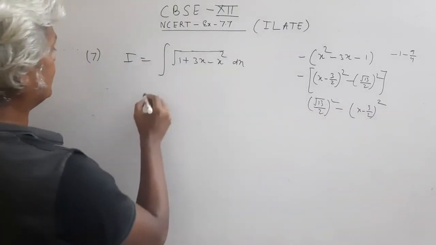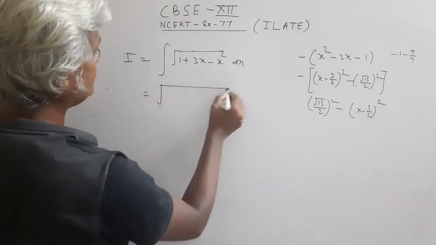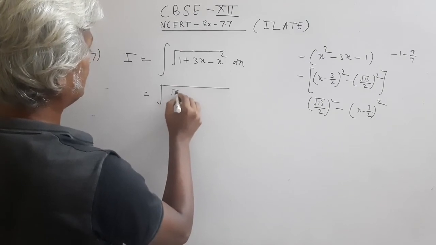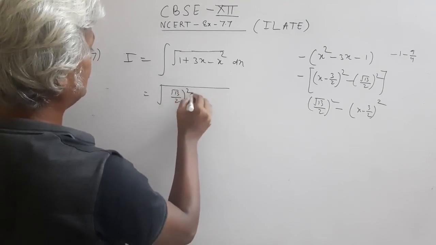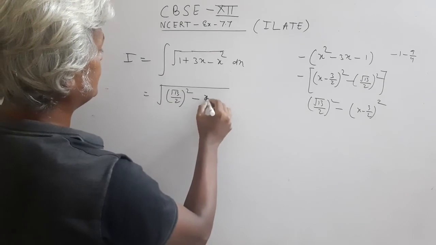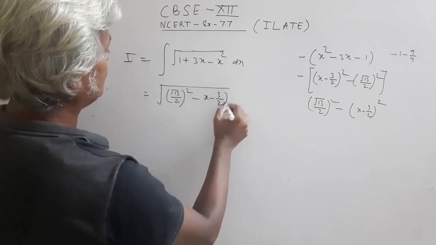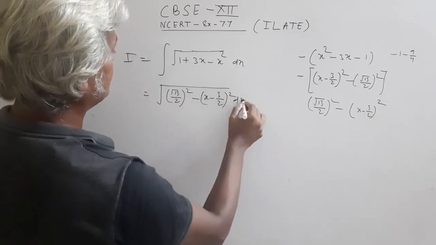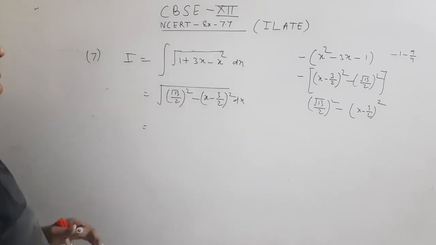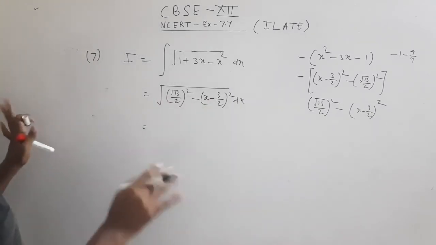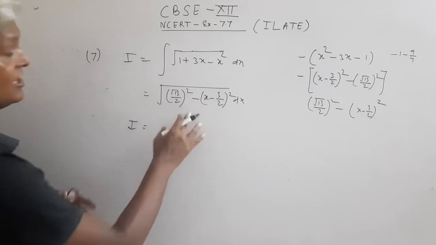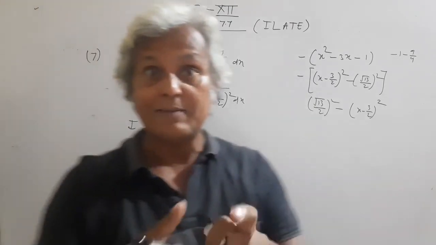So this is going in the form of under root 13 by 2 whole square minus x minus 3 by 2 whole square dx. So this is directly in the form of under root a square minus x square. Now I am getting the answer using the formula, but at the same time I am not writing the formula.